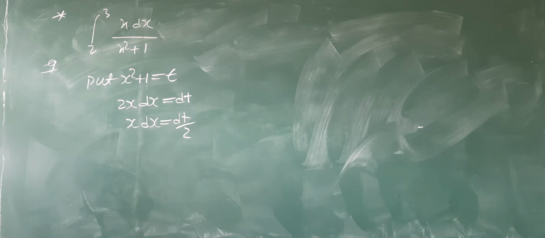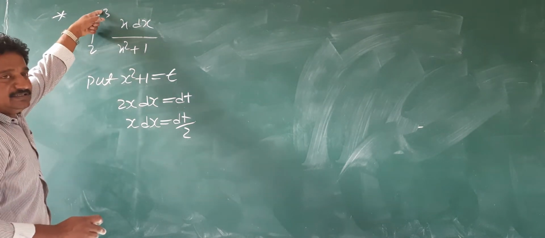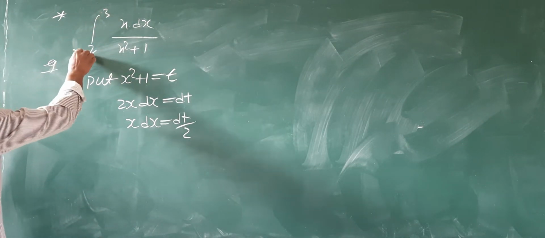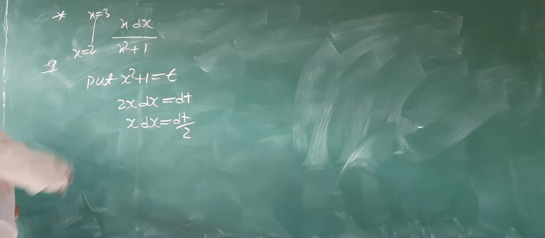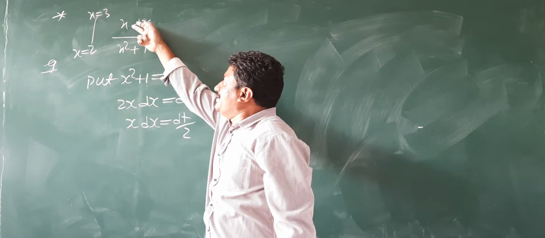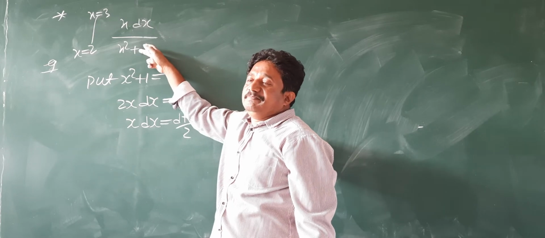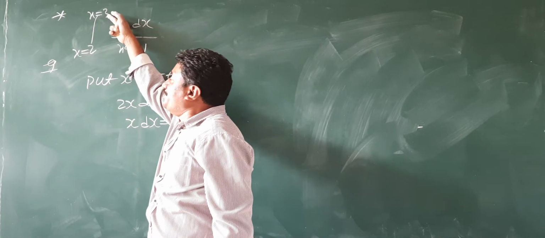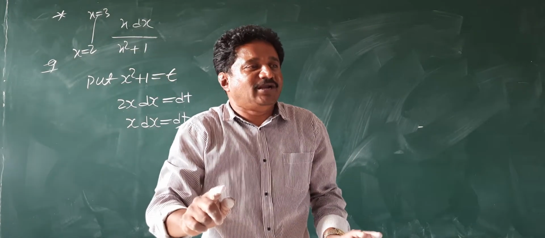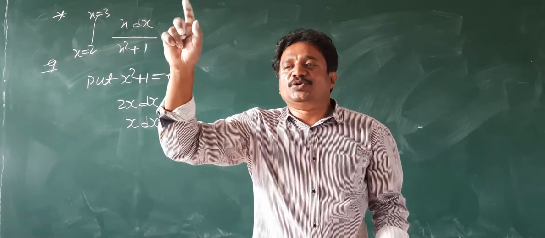One more thing. These numbers, the limits, are actually x values. Remember, here the variable x is present, which means these numbers should be x values only. It is understood; every time we won't write x, we simply write 2 to 3.